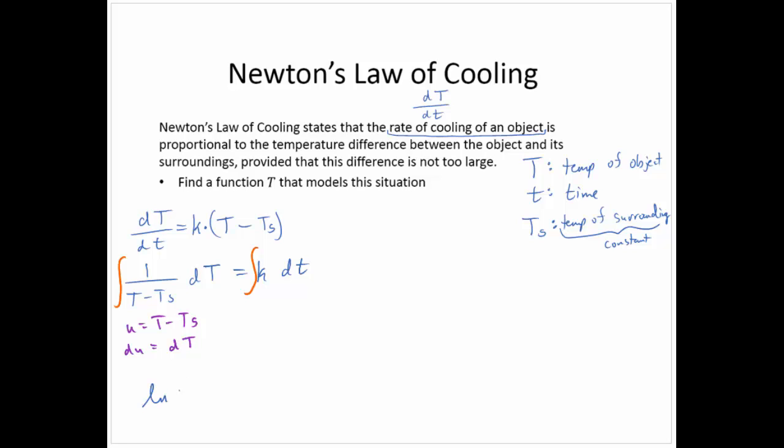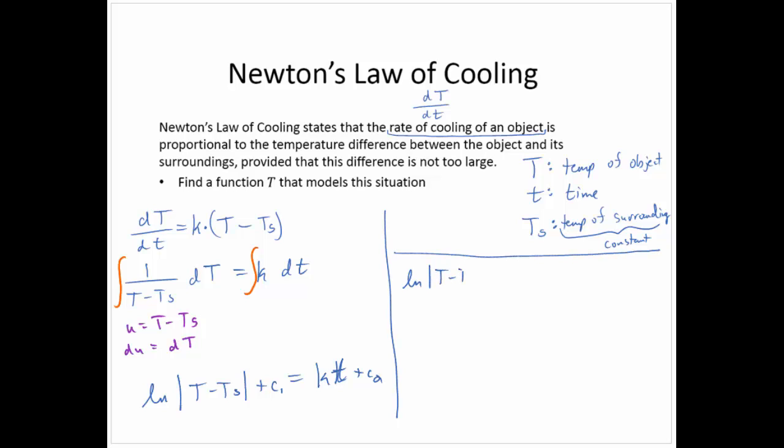So now the natural log of the absolute value of T minus T sub S plus a constant, I'll call it c1, is equal to kt, little t, plus c2. Now again, I can write those two constants as a single constant. And so now I have the natural log of the absolute value of T minus T sub S is equal to kt plus a general constant.